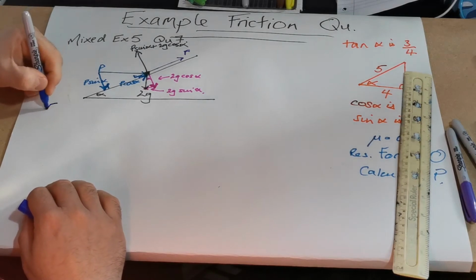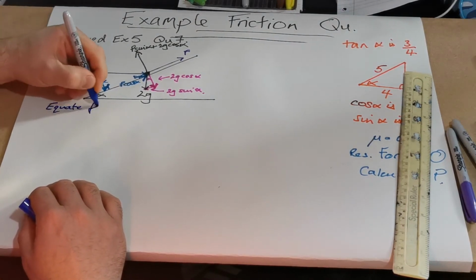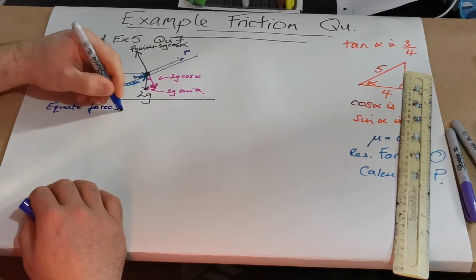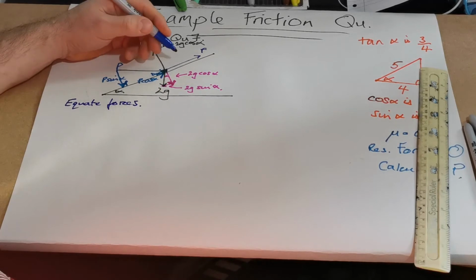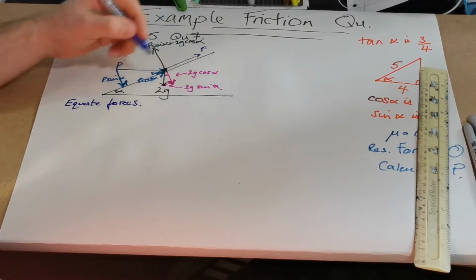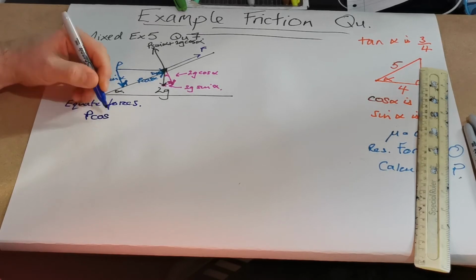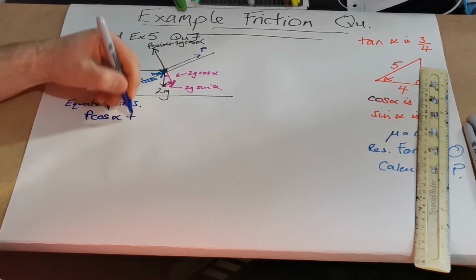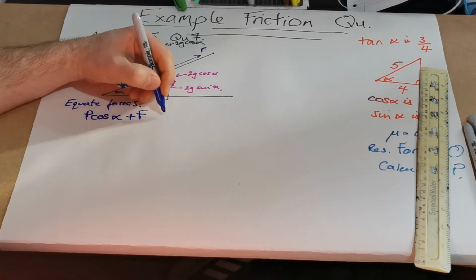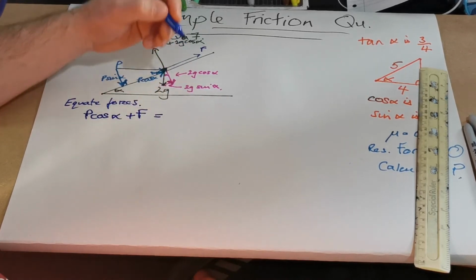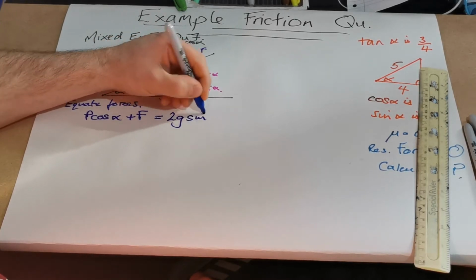So let's equate forces. If I look going up the plane, I've got P cos alpha plus the friction, and that's going to be equal to the forces coming down the plane, equals 2g sine alpha.